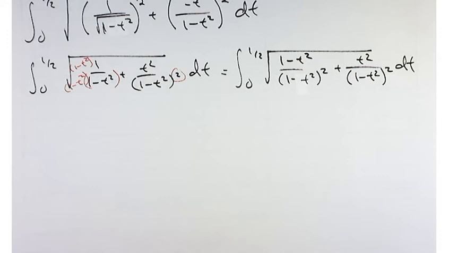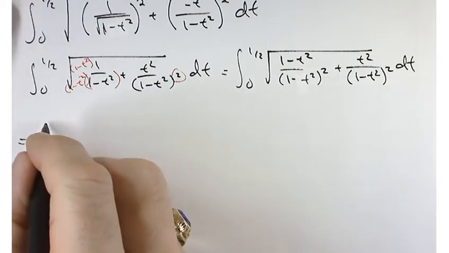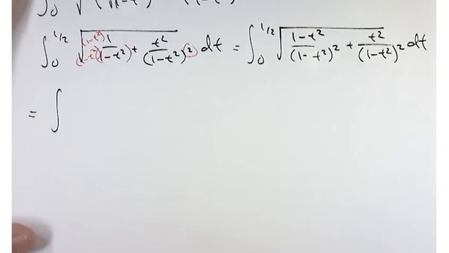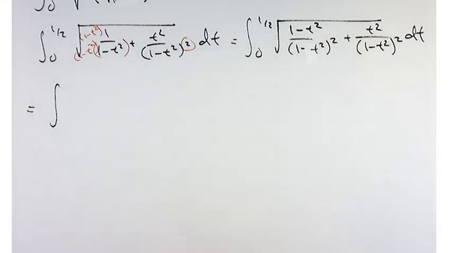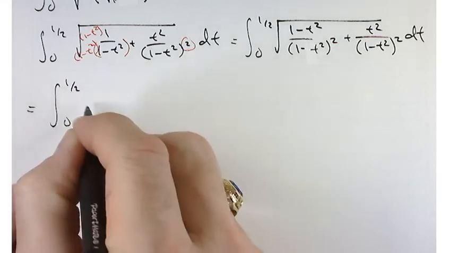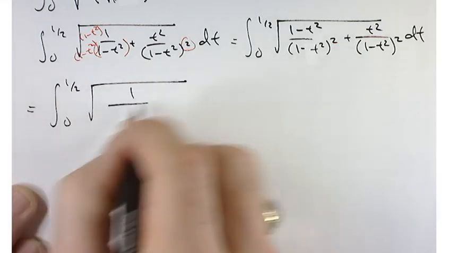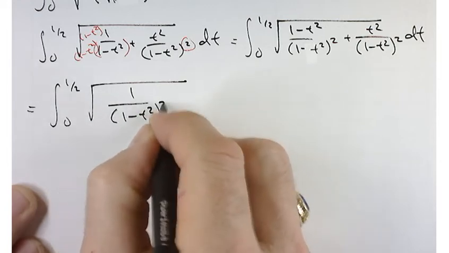Okay, so the nice thing is that if you look carefully at the numerators, these two things add. In fact, I get a lot of nice simplification. I get the integral from 0 to 1/2 of the square root of 1 over 1 minus t squared, squared.